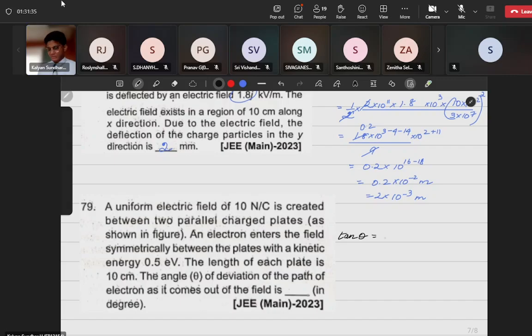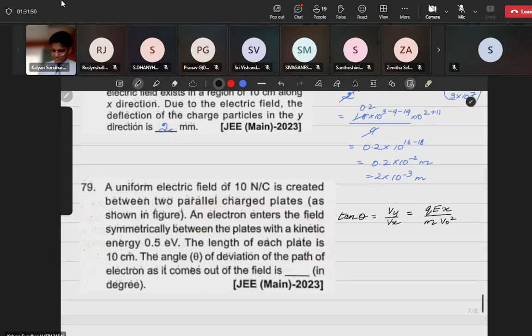The formula is Vy by Vx, that is q E x by m V naught square, correct? Half into m V square will be your 0.5 electron volt.